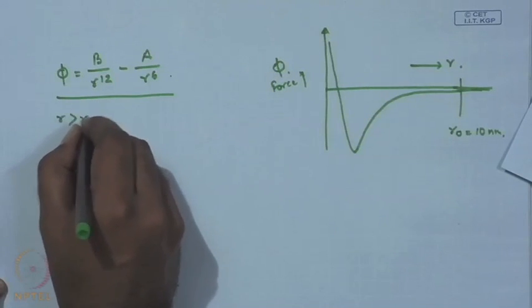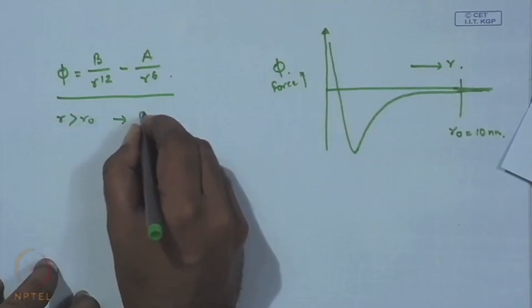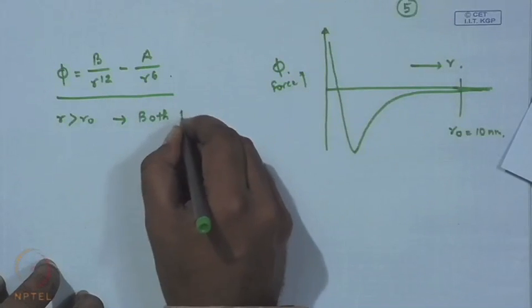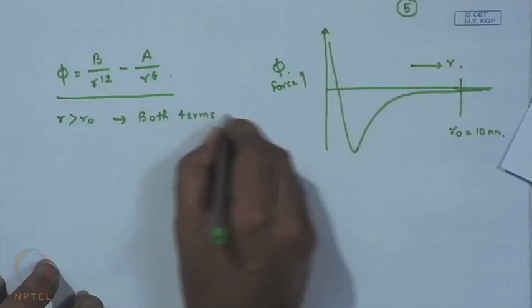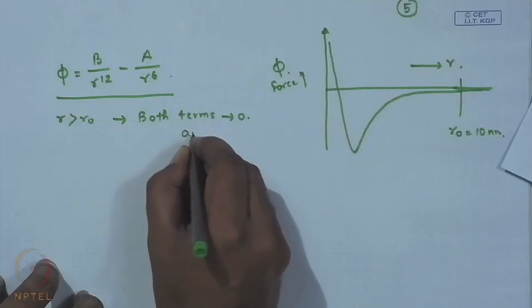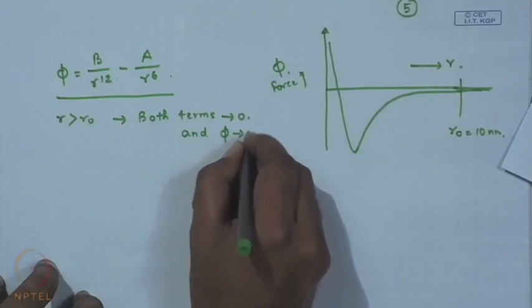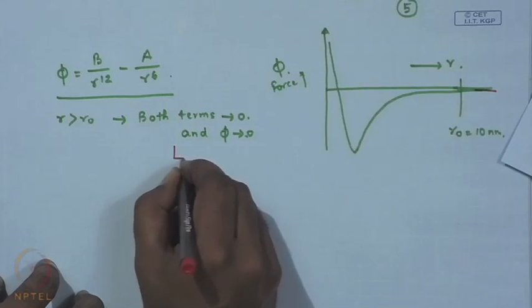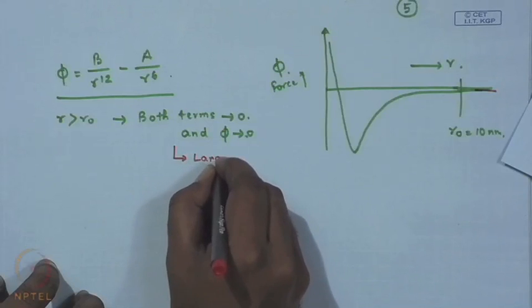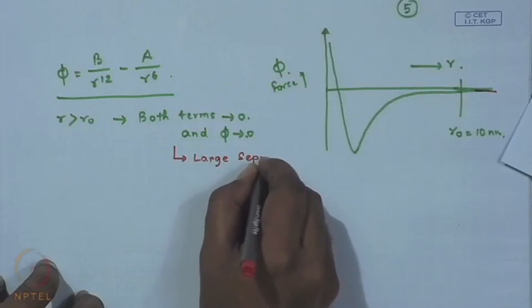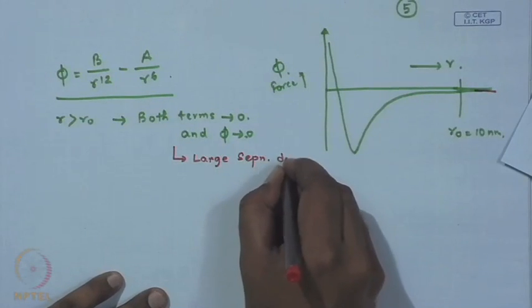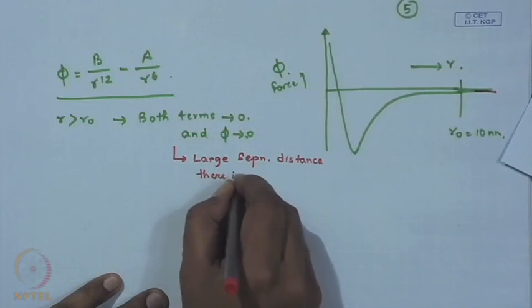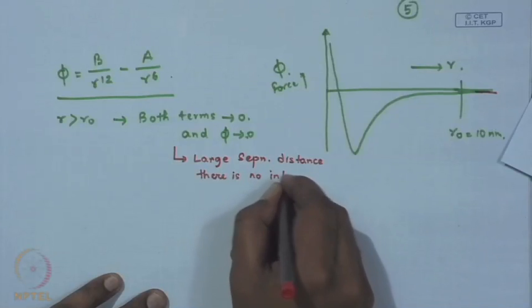Where r is greater than r0, both terms tend to 0 and phi tends to 0. So, for a large separation distance, there is no interaction.